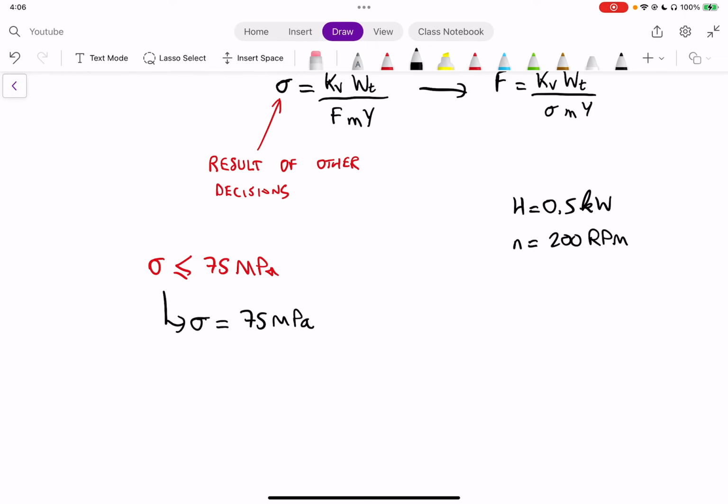Based on that, we can solve for a few different things. I'll go a little bit faster for this problem because we already know how to solve all the different parts. So Wt would give us 1.194 kilonewtons. And then kV, we could solve from 6.1 plus V over 6.1 because we have SI units. We know that diameter would be Mn, which would be equal to 40 millimeters.